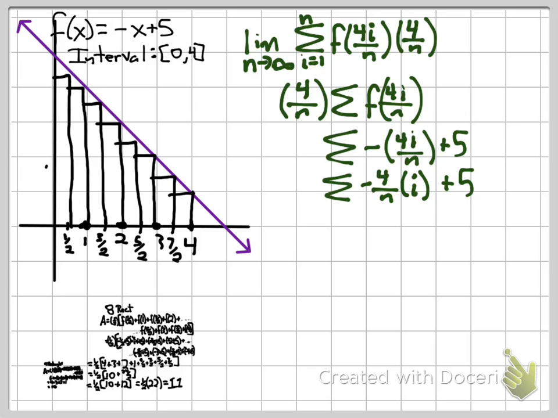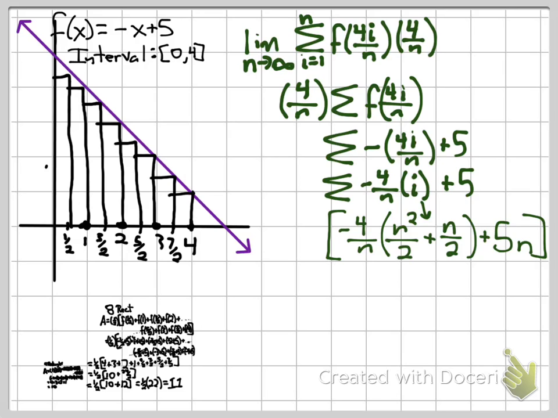So what they become: the negative 4 over n, we drop the sum, and then i just becomes n squared over 2 plus n over 2. That's what i becomes. And then 5 becomes 5n. And that's what happens when we drop the sum. That's the sum formulas that we have, kind of a shortcut for us.